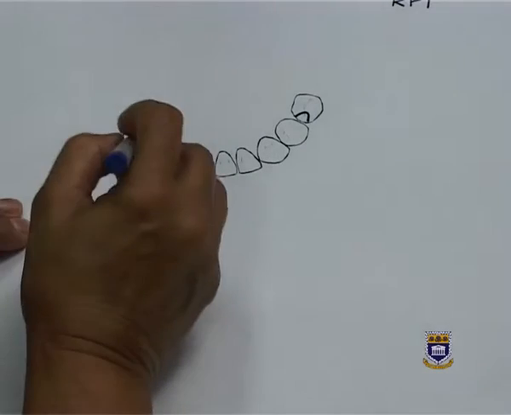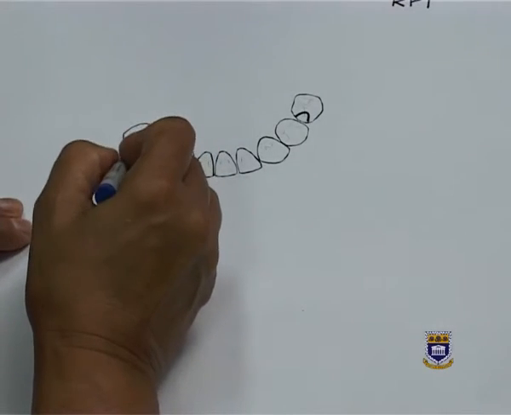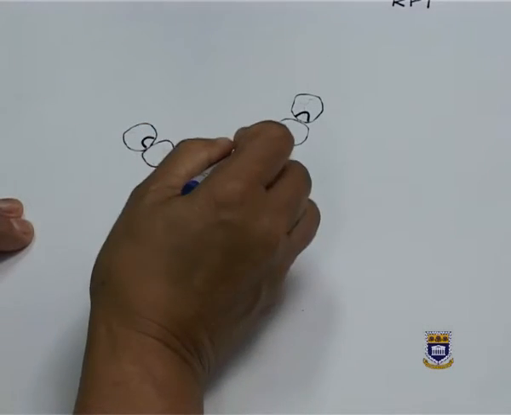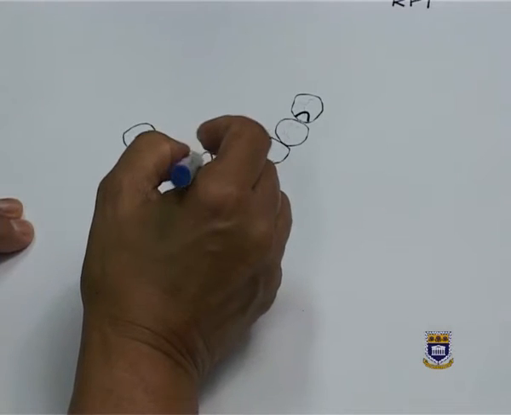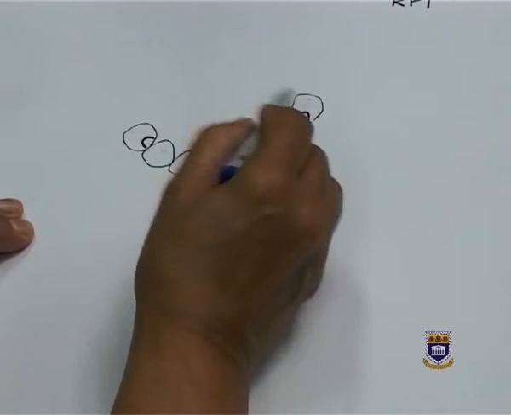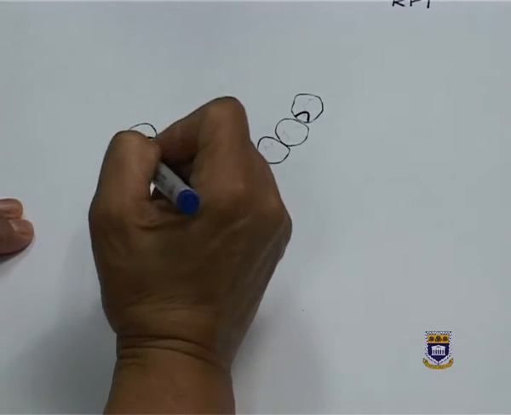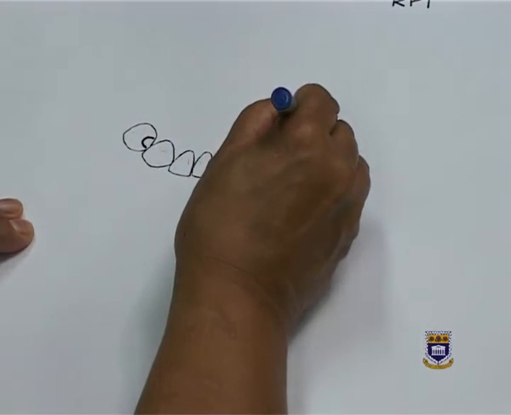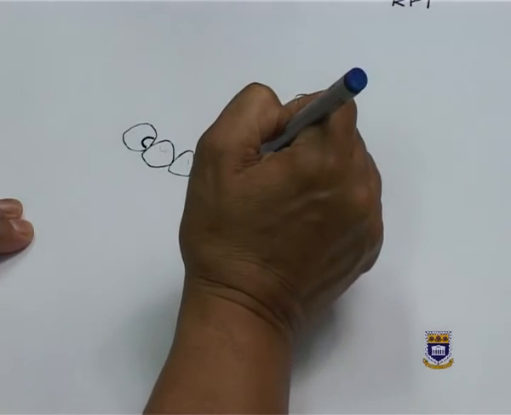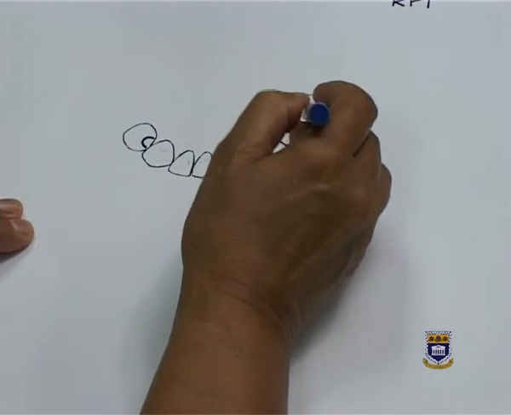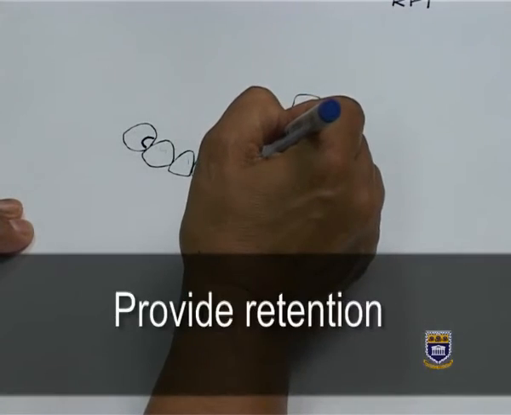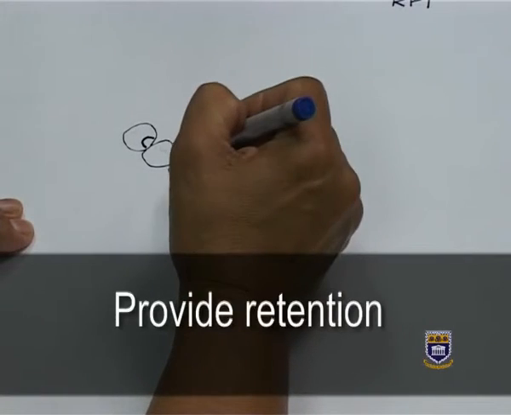Also remember that the RPI clasp system can only be used on premolars, not on anterior teeth, not on canines. So the RPI system will give me a rest on the premolar and a rest on the premolar. My third rest, I will then use the distal occlusal surface of the 3-4 because I need a third rest to provide indirect retention. So I've got my 3 rests.